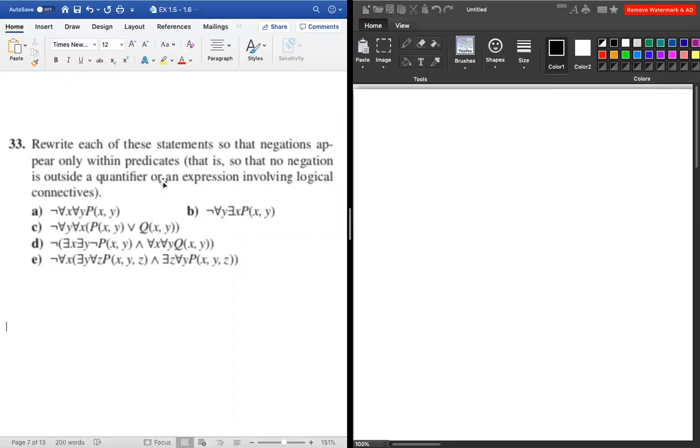Basically, here we have these negations beside the quantifier, so we have to move them so they apply to the predicate only.